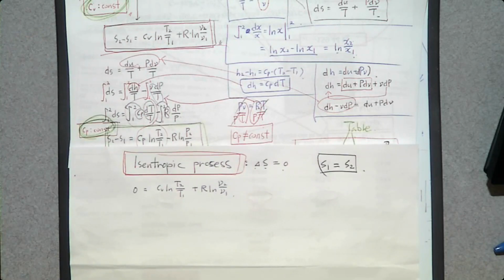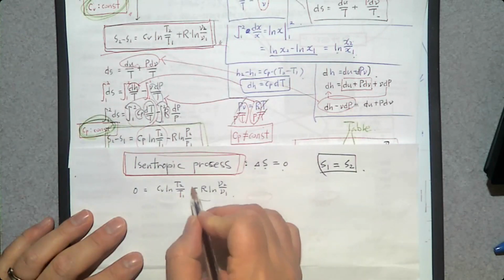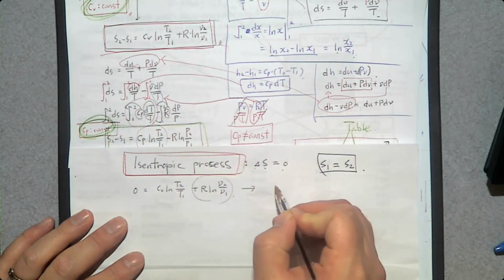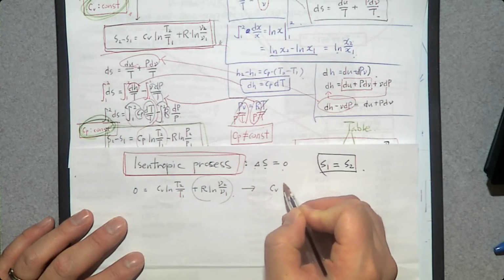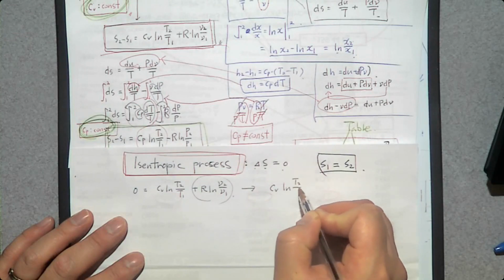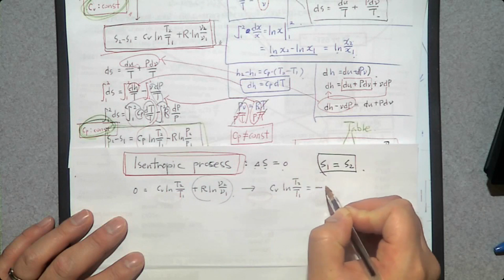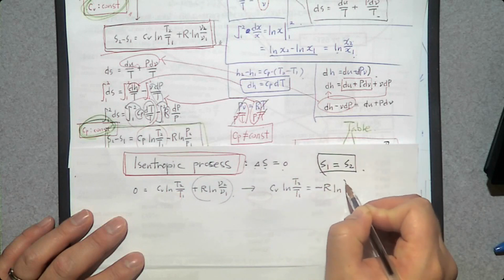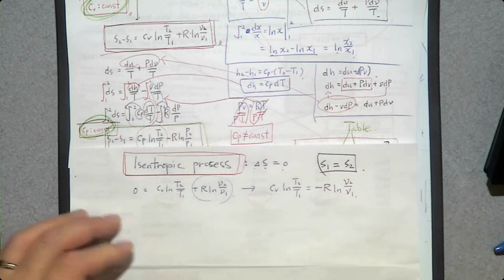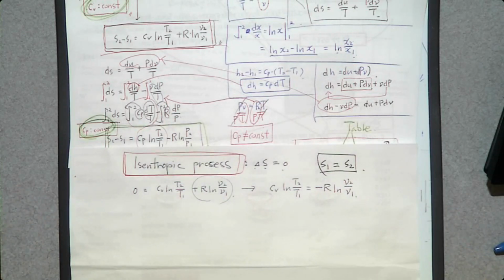Then we can move one term to the other side. This equation becomes Cv natural log T2 over T1 is going to be minus R natural log V2 over V1. Then we have Cv in front on the left-hand side, minus R in front on the right-hand side.